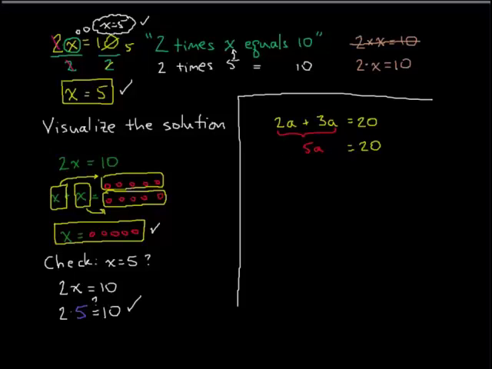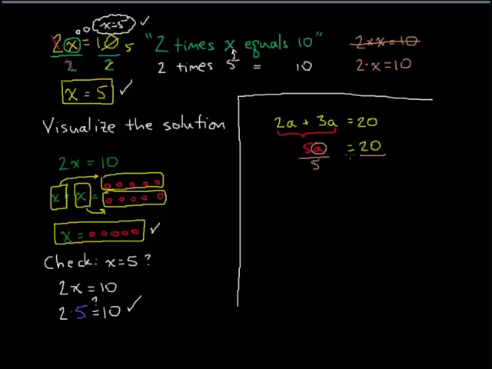And so I would imagine you're thinking, oh, I want to get a all by itself. I'm multiplying by 5. So in order to cancel that 5 out, I need to divide by 5. And then our number one rule in algebra, if we do something on one side of the equation, we must always do it on the other side as well.